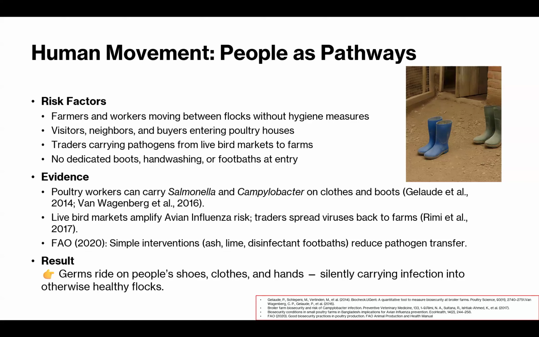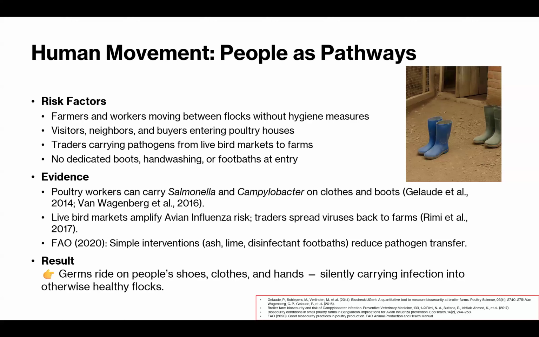And FAO provides simple interventions that have been known to reduce pathogen transfer. This information is available in the FAO Biosecurity Practices in Poultry Production, which is a simple reading material that most of you can read and see how we can actually reduce pathogen transfer amongst farms.